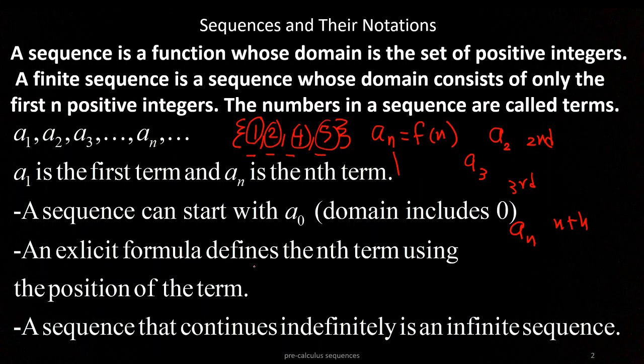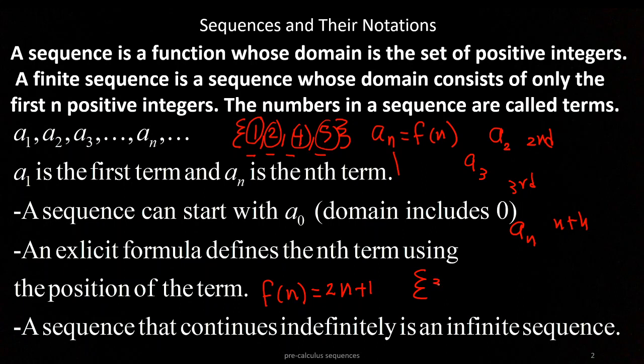An explicit formula defines the nth term using the position of the term. So if we have the explicit formula, for example, let's say somebody says, I want to define a sequence that is basically 2n plus 1. So this sequence will be, the first term would be when n is 1.